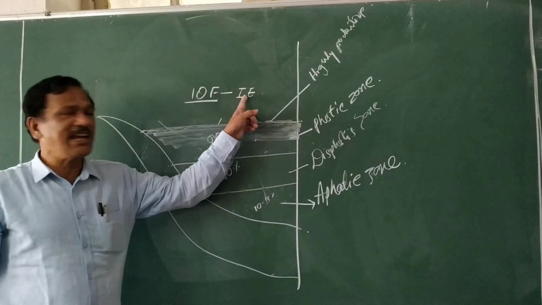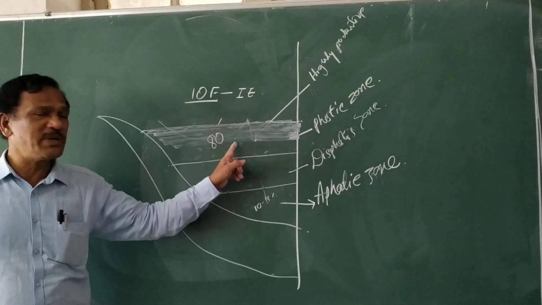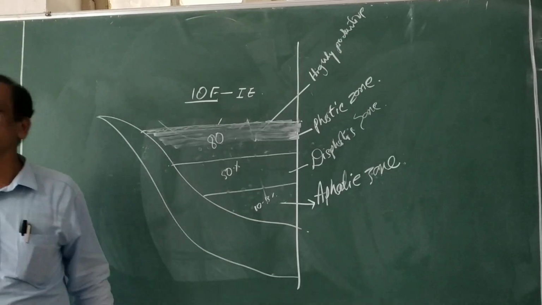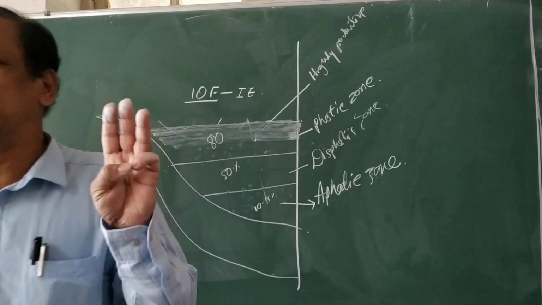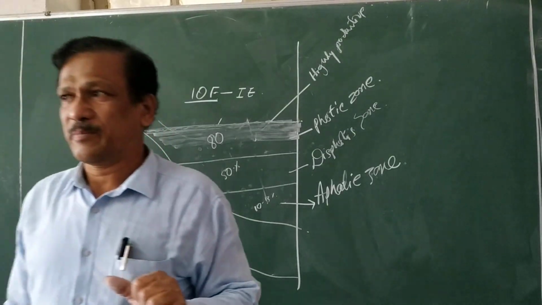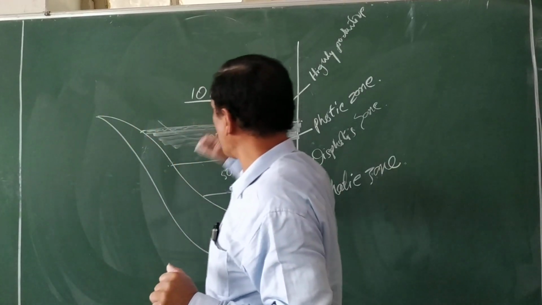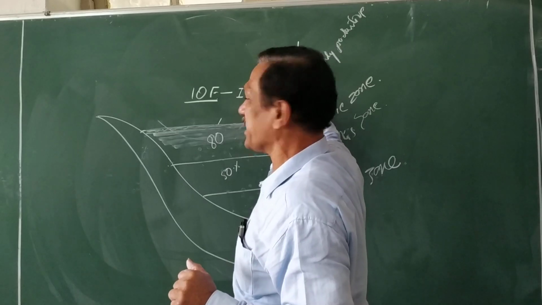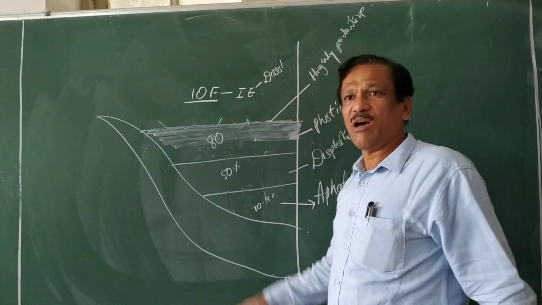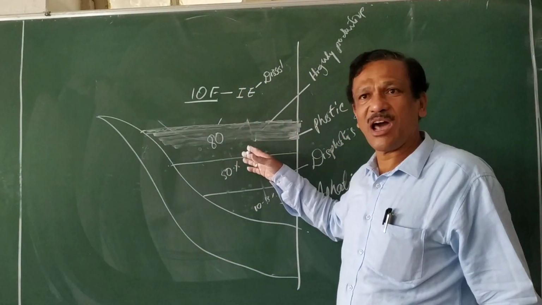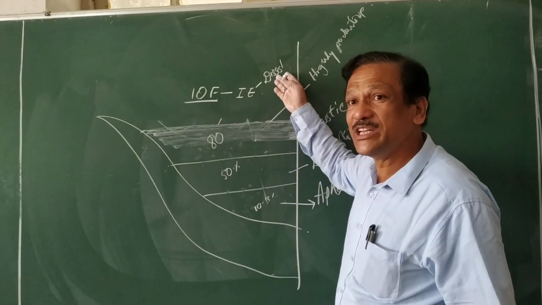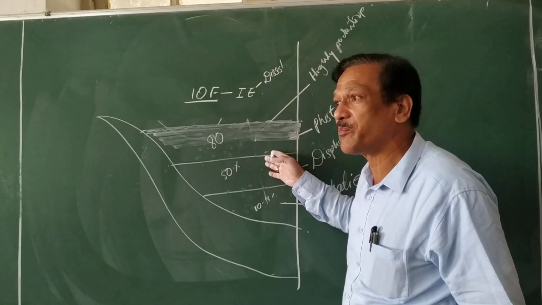And these inorganic elements are always present in this pond ecosystem, in 3 different forms that we have studied. Sometimes they are present in dissolved condition. For example, dissolved oxygen, dissolved carbon dioxide. All these are inorganic elements which are present in the dissolved condition in water.